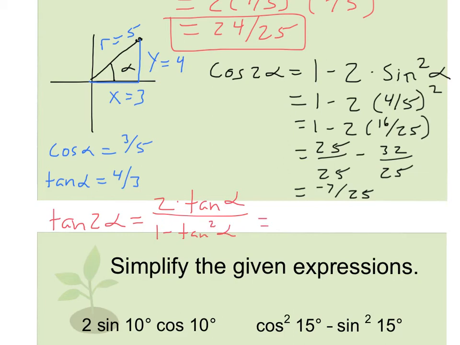This is based on the tangent value, which I figured out was 4/3. So I will leave it to you to simplify 2 times 4/3 divided by 1 minus (4/3) squared.